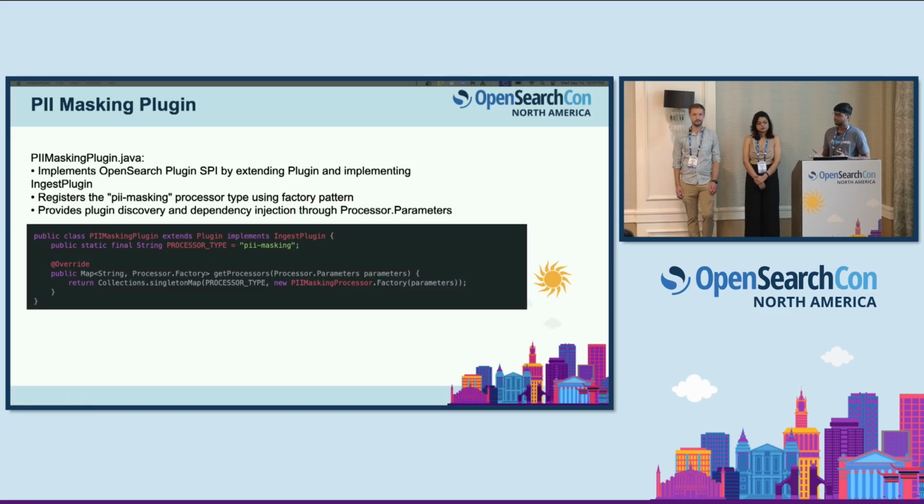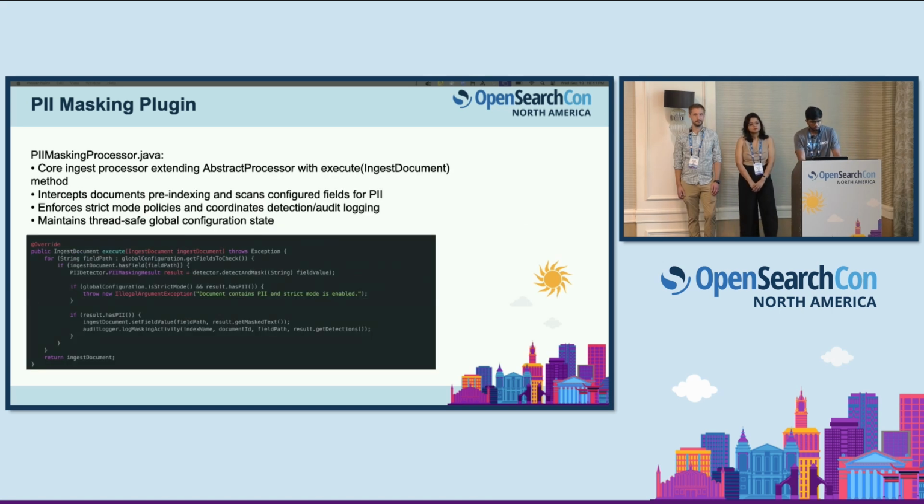So it implements the ingest plugin interface to provide the processor factories which we need for our plugin. It basically acts like a bridge between your custom code and the OpenSearch core process. This class ensures that our plugin is discoverable by OpenSearch when the process boots up.